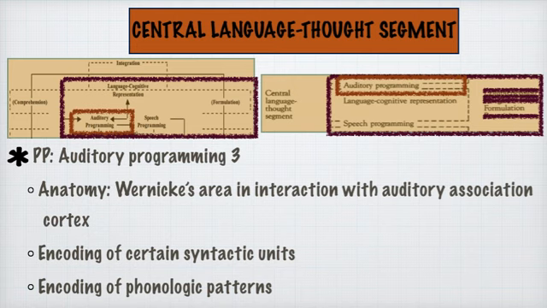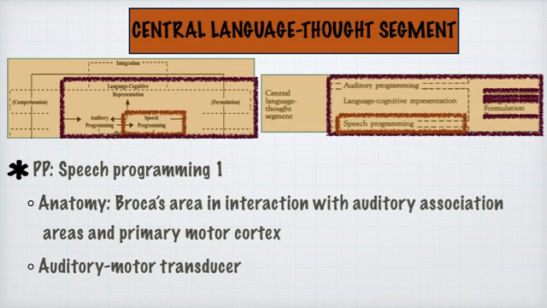Anyways, next. Speech programming 1, no? After auditory programming, it transitions to speech programming. So the area is the motor language area. The Broca's area is in interaction with auditory association areas and primary motor cortex. Okay. So here is the auditory motor transducer.